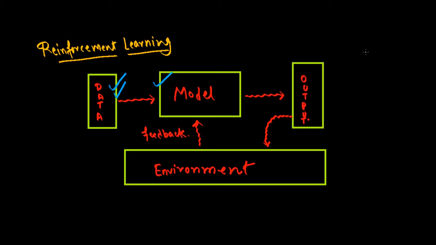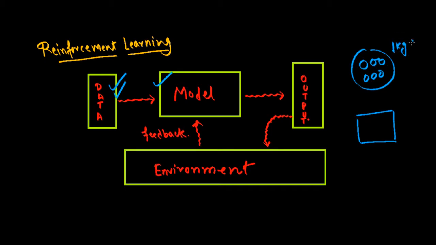Let's suppose we have 6 balls here, and we are throwing these balls, and the weight of each ball is 1 kg. We are sending these balls to a machine, and the machine is, let's say, counting the balls.